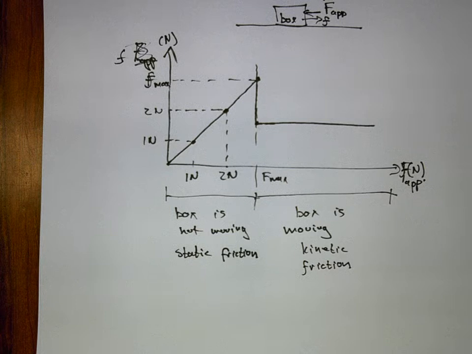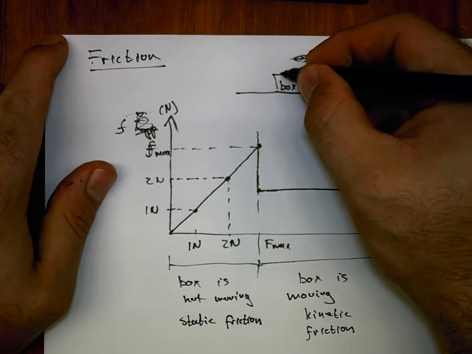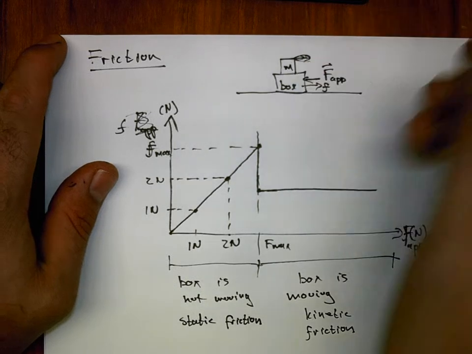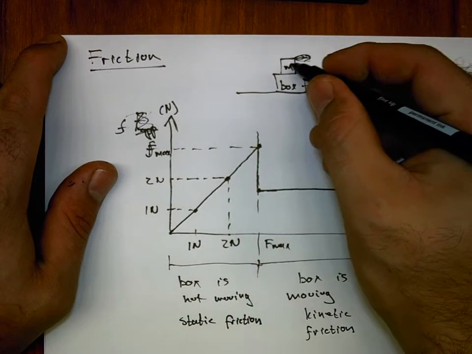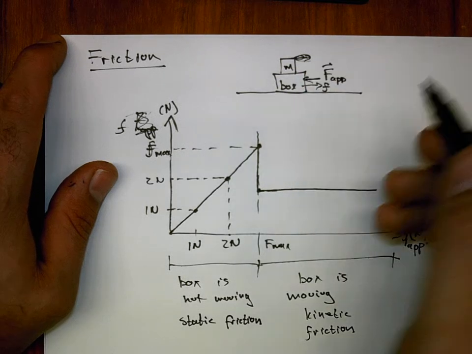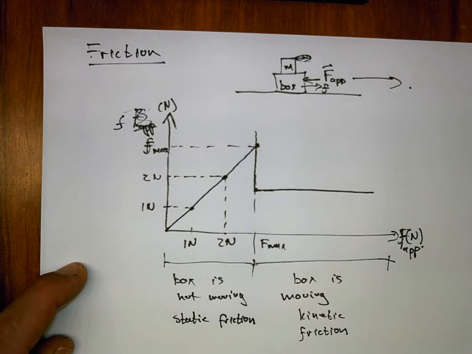If your friend sits on the box, would that make it easier or more difficult? More difficult. So somehow if I increase the mass, so let's say I put another weight on top of the box, so I'm increasing the overall weight of this whole object that needs to be pushed, somehow I must now push harder to get it moving in this direction.